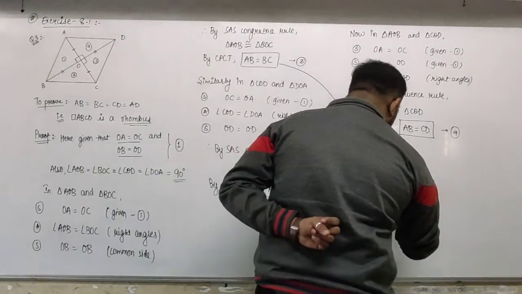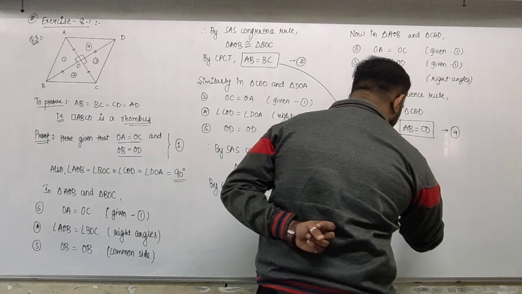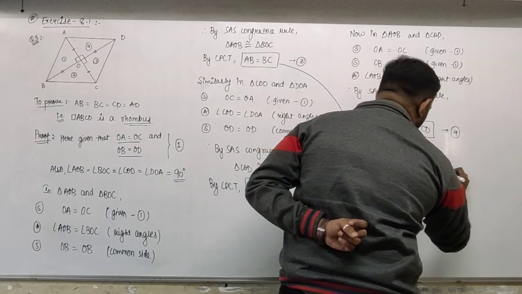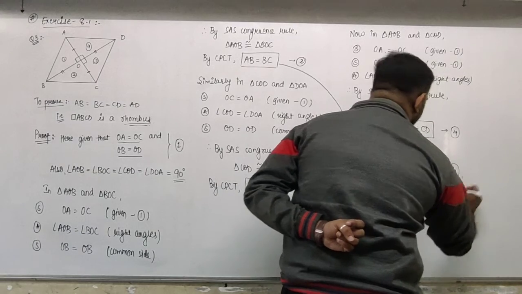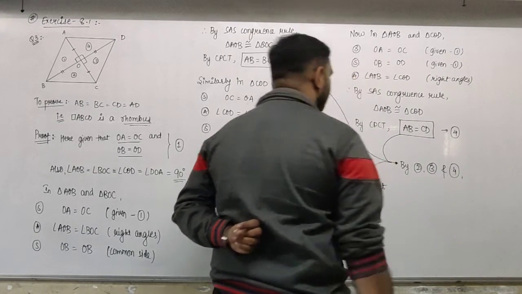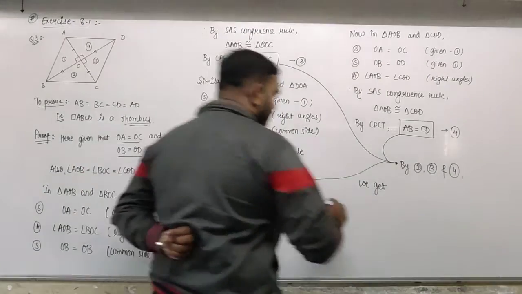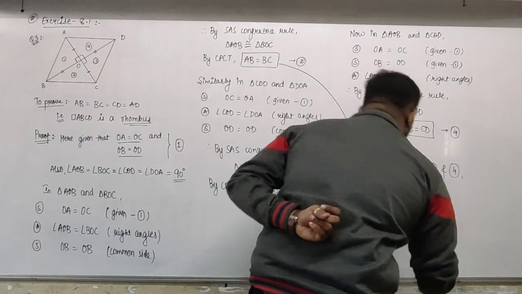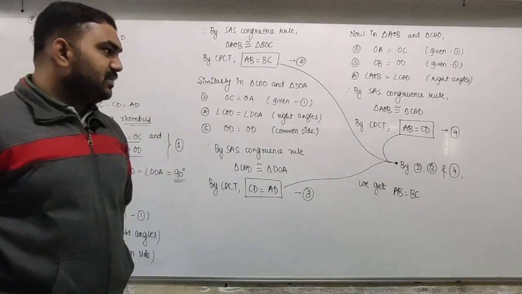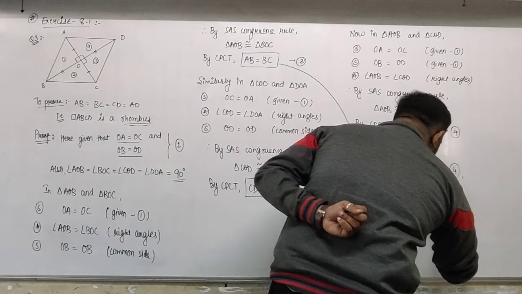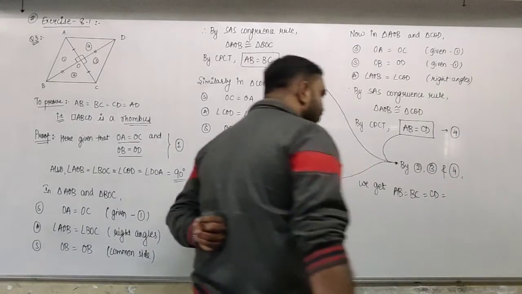Therefore, by results 2, 3 and 4 we get AB equals to BC અને AB equals to again શું છે? તો કે CD. તો AB equals to BC equals to CD એવું લખાય.